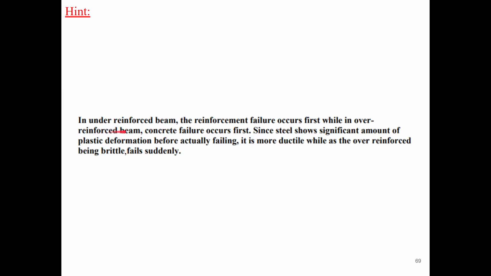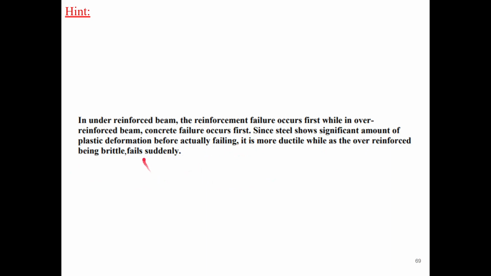So in an under-reinforced beam, the reinforcement failure occurs first, while in an over-reinforced beam, the concrete failure occurs first, since steel shows a significant amount of plastic deformation before actually failing. So it is more ductile, while the over-reinforced beam, being brittle, fails suddenly.